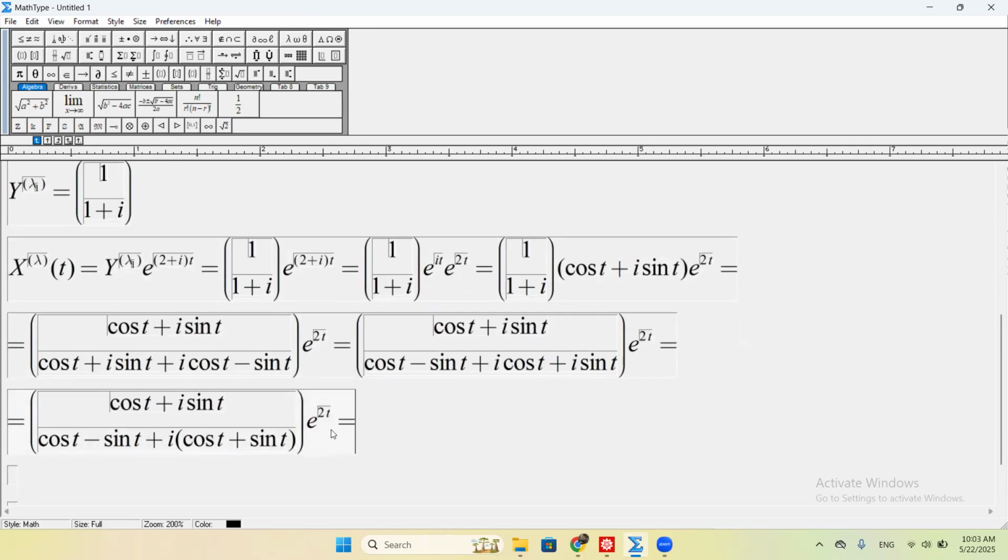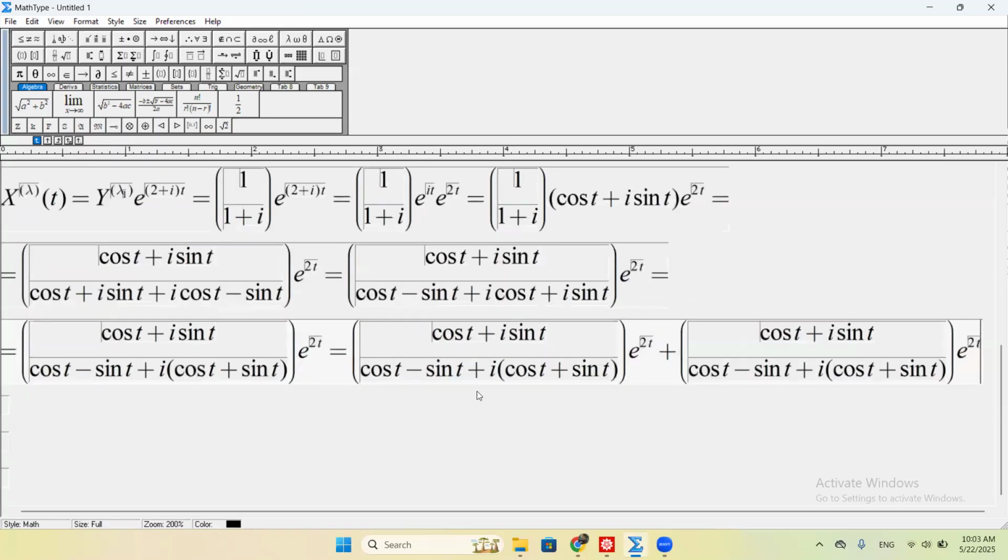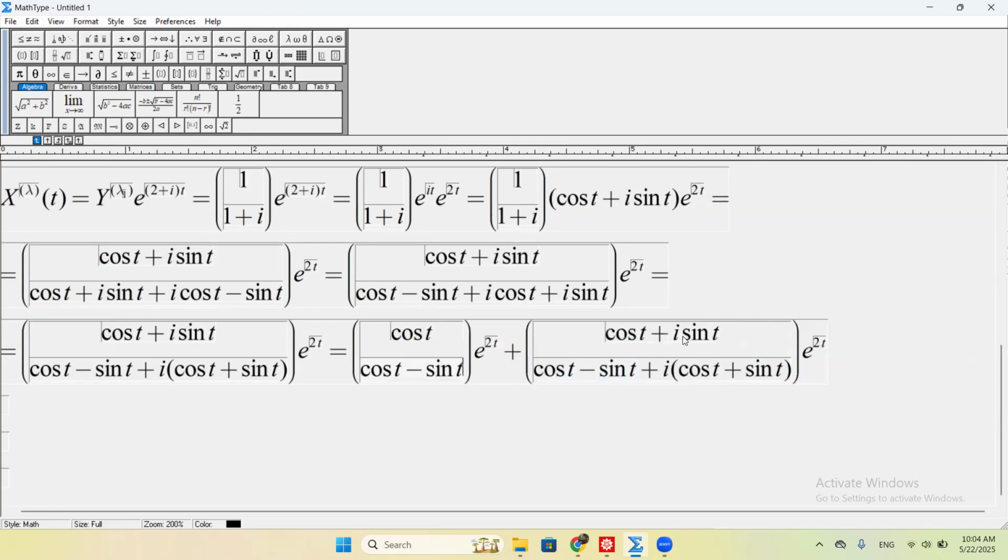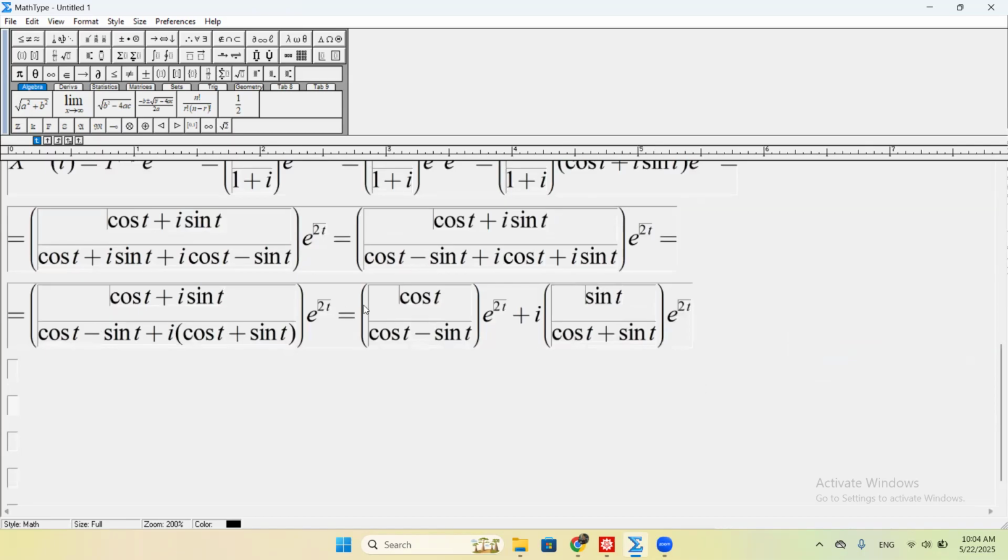So here just cosine of t, and here cosine of t minus sine of t. And here, let me move i here, sine of t, and here cosine of t plus sine of t. So we can see that here is a real part and an imaginary part.